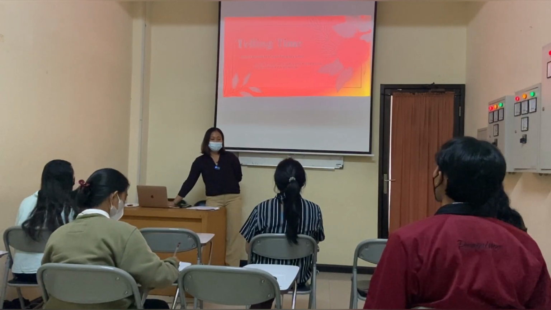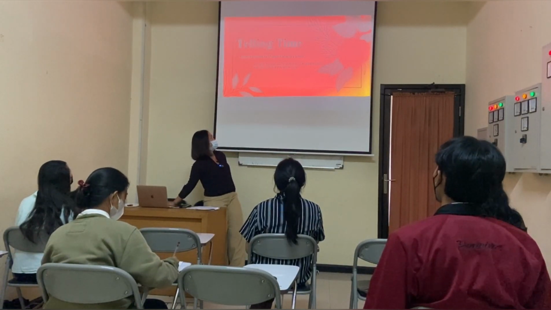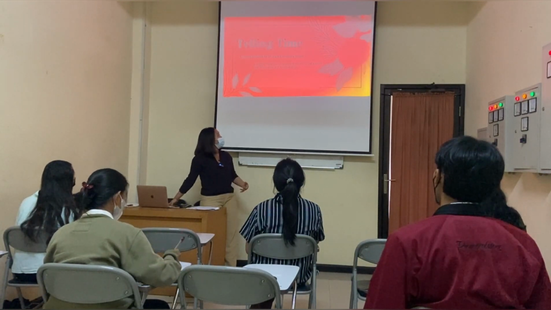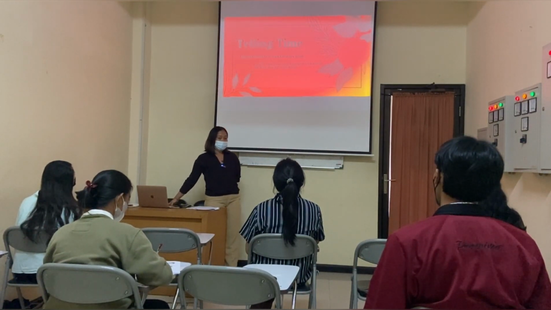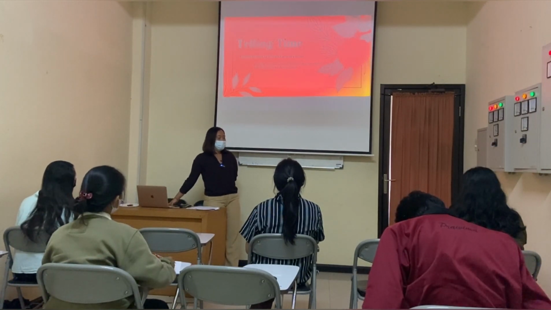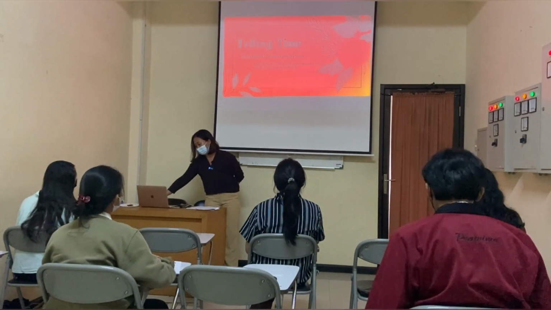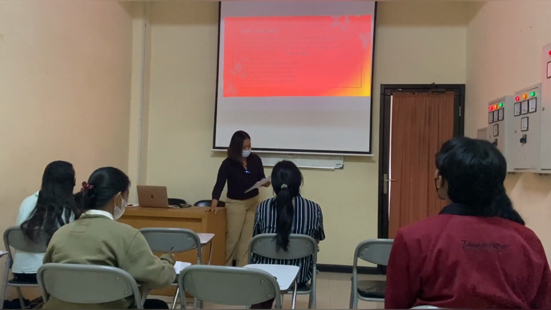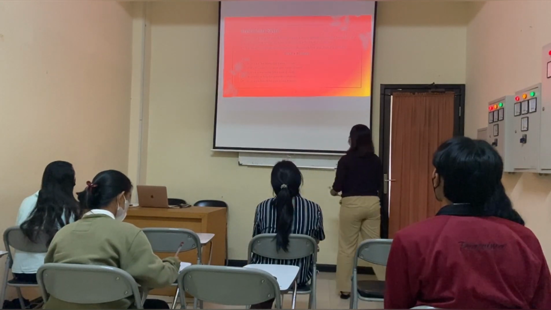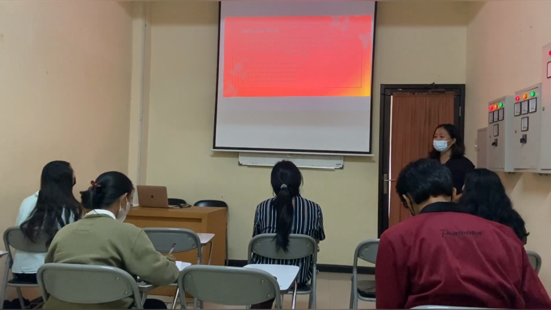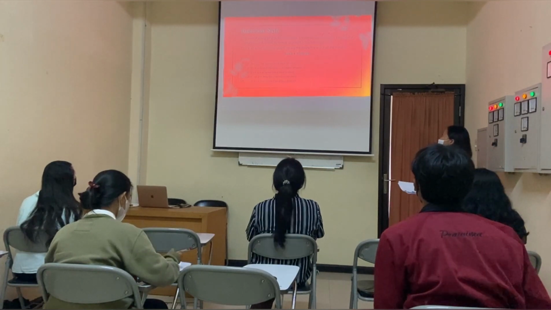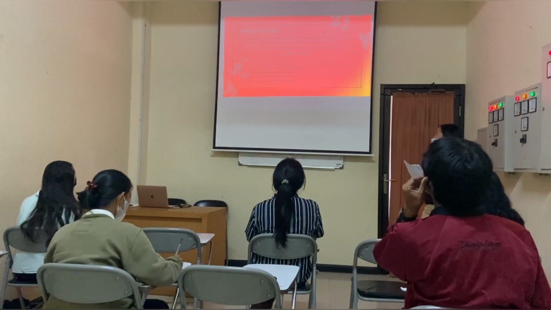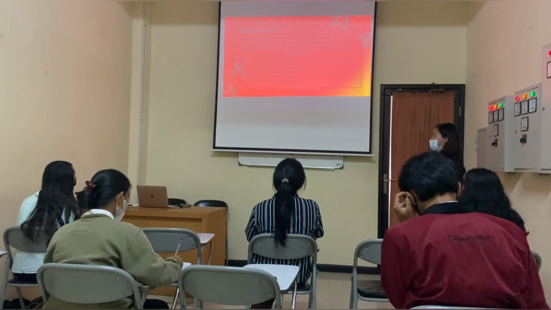As I said before, our material today is about telling the time. In English, there are two ways that you can use to express the time. The first one is American style and the second is British style. For American style, the way of telling time is simpler and easier because the pronunciation is similar to how to pronounce hours in Indonesian.